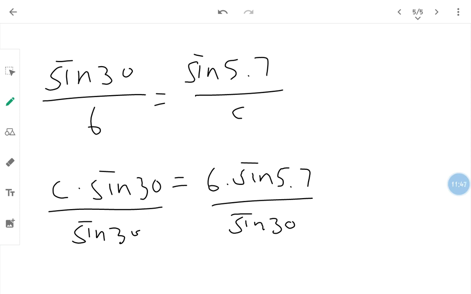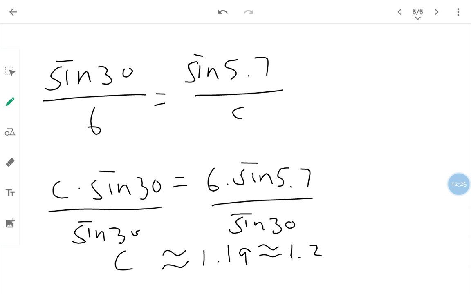So I'm going to open my calculator. Sine 5.7 times 6 divided by parentheses sine 30, which is a half, close it. That is around 1.19. It is understandable as 1.2. Let me change my symbol. That should be approximate.